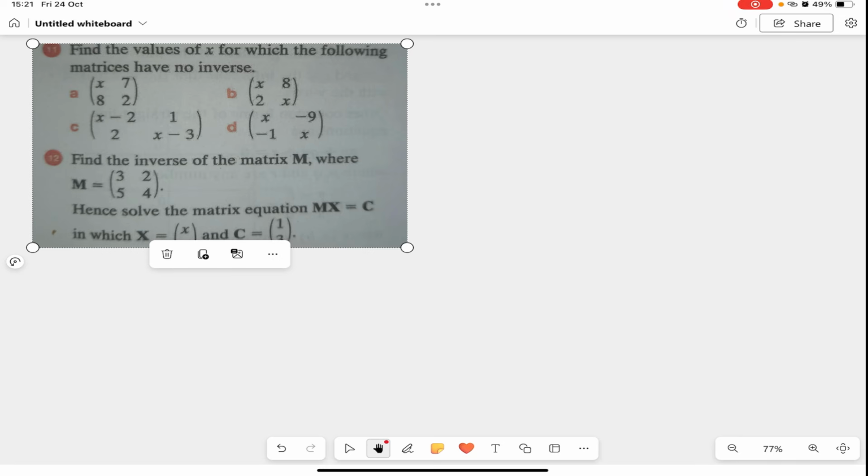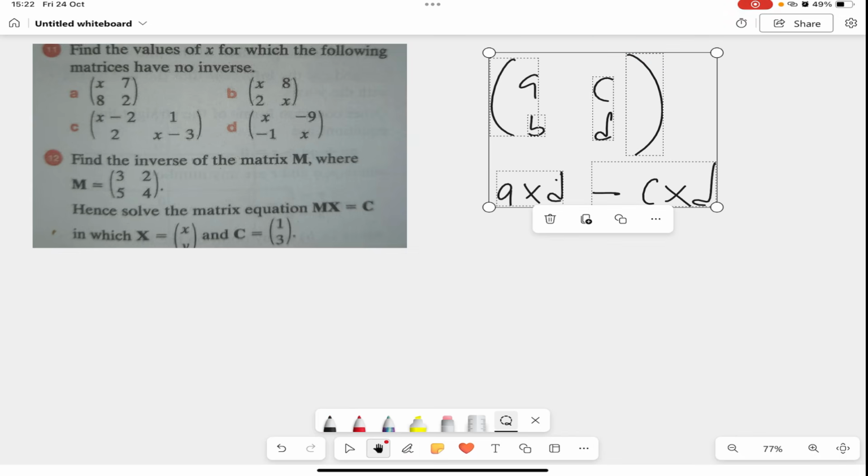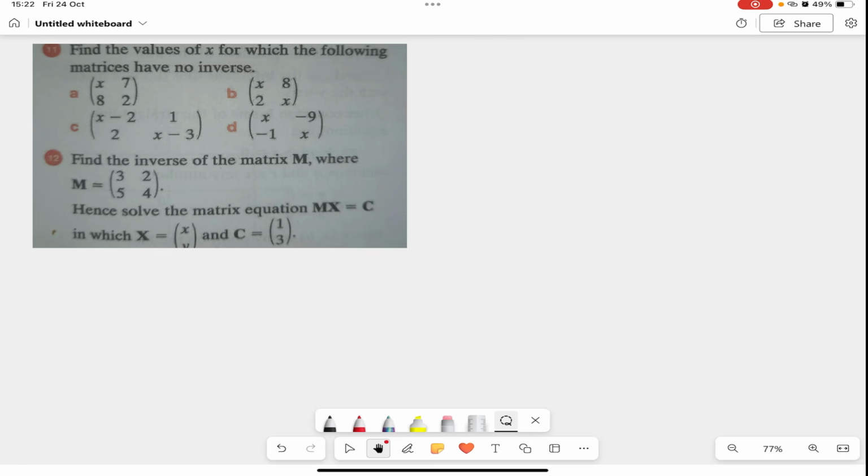You have matrix A, B, C, D. The determinant of this matrix would be A times D minus B times C. As easy as this. So let's apply this to our work so that we'll have the answer.